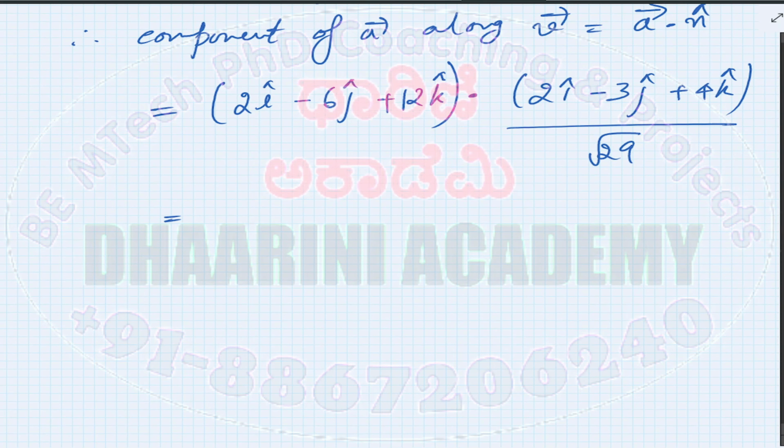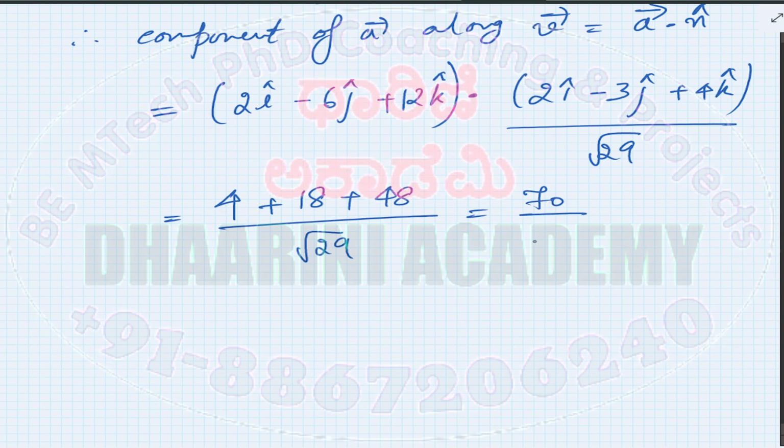So the required component is 2 into 2, that is 4, plus 18 plus 48, by root of 29. 48 plus 18 is 66, plus 4, 70. So 70 by root of 29 is the answer. This is the component of A along V.